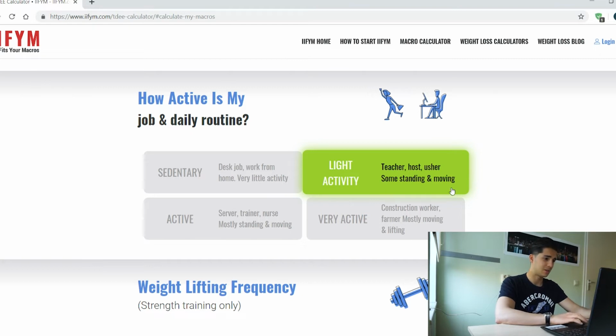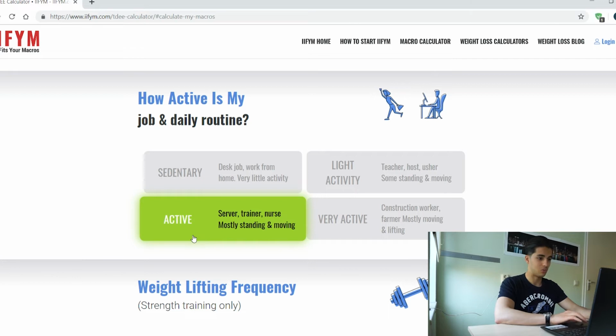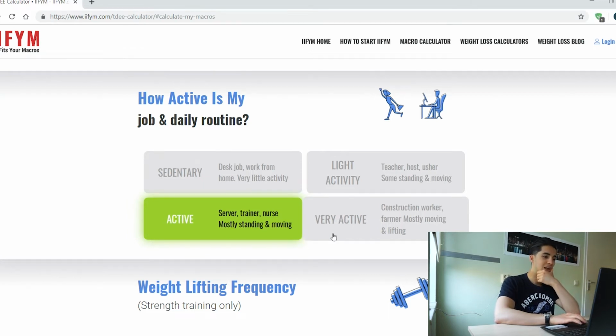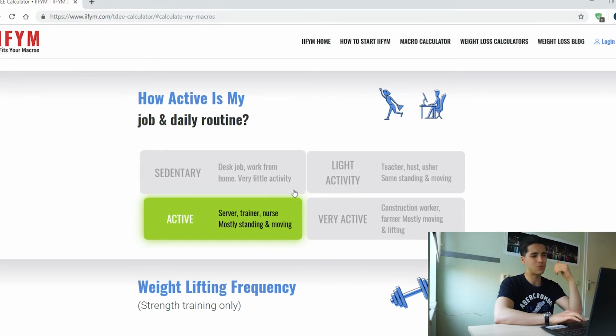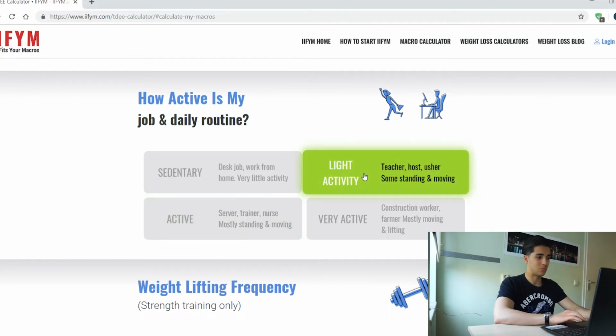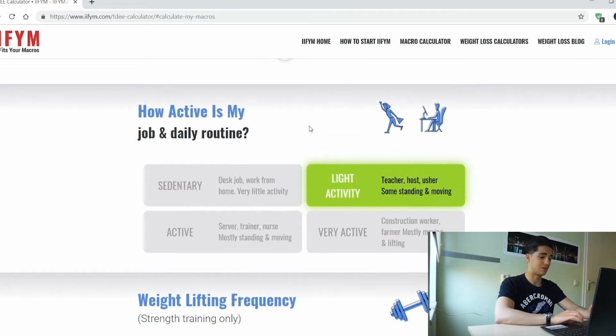Active: salesman, server, trainer, nurse, mostly standing and moving. Okay, I think I'm active, but I'm not that active, so I will go with light activity. Sometimes standing and moving, sometimes I walk to the gym.